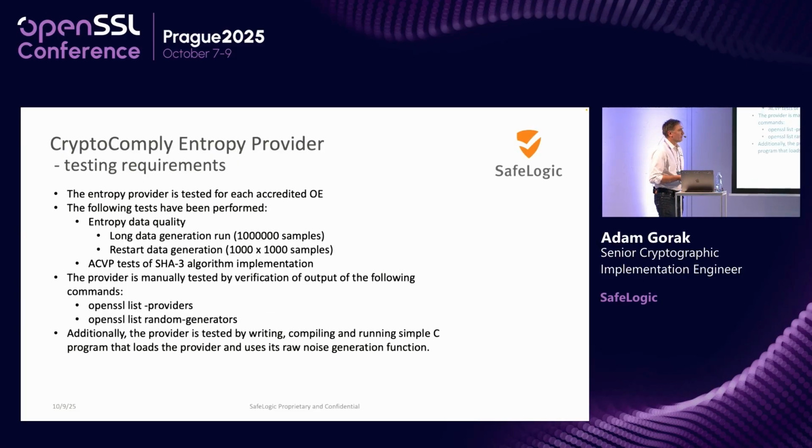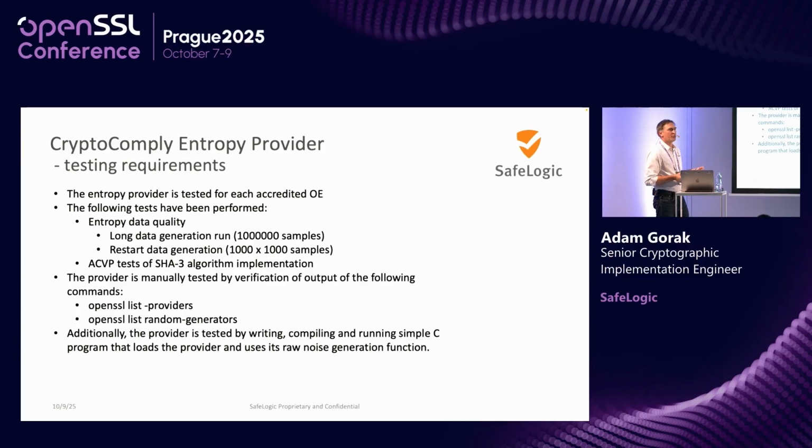Yeah, and the validation of an SP 800-90B compliant entropy source requires several tests to be performed for each supported operating environment. The most important ones are modeling of the noise source and estimating the minimum entropy. Also gathering entropy data sets and validating them with the entropy assessment toolkit.